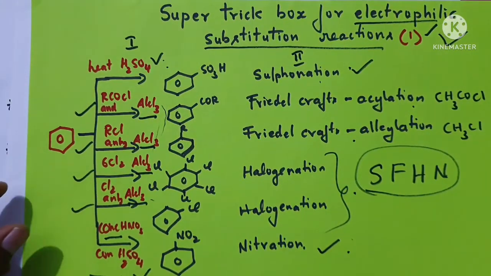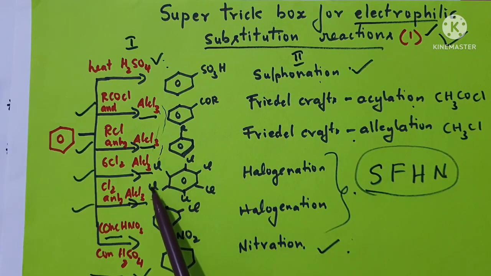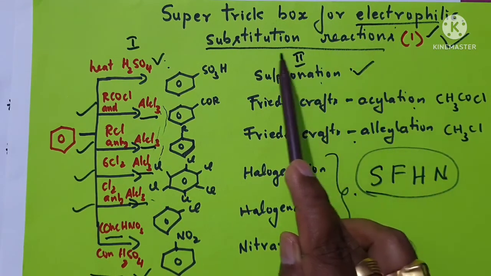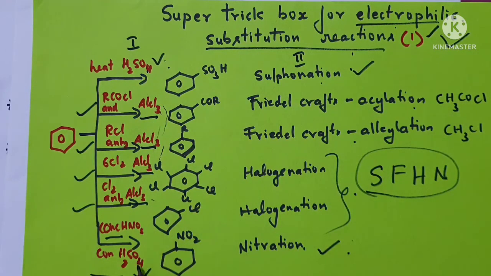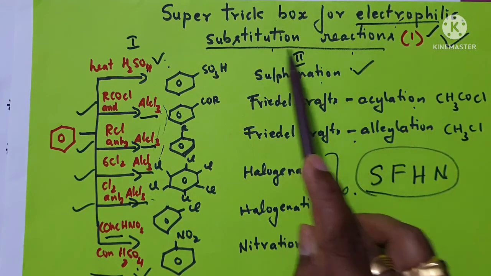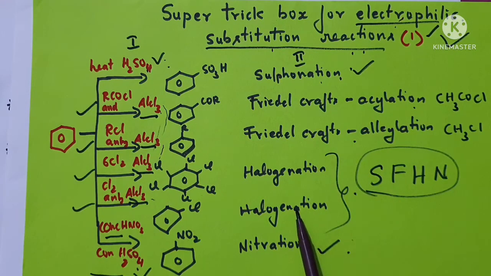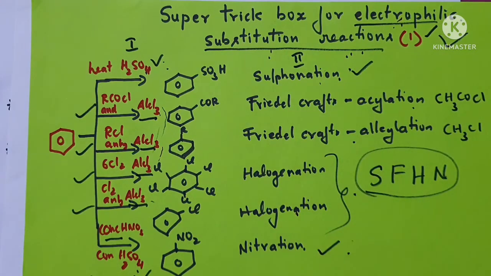I just showed you this box, where whenever there is anhydrous aluminum chloride, they always undergo electrophilic substitution reaction. Whenever you see H2SO4 or concentrated HNO3 with H2SO4, that is also electrophilic substitution reaction. Sulfonation, Friedel-Crafts reactions, halogenation, nitration, all these are electrophilic substitution reactions.